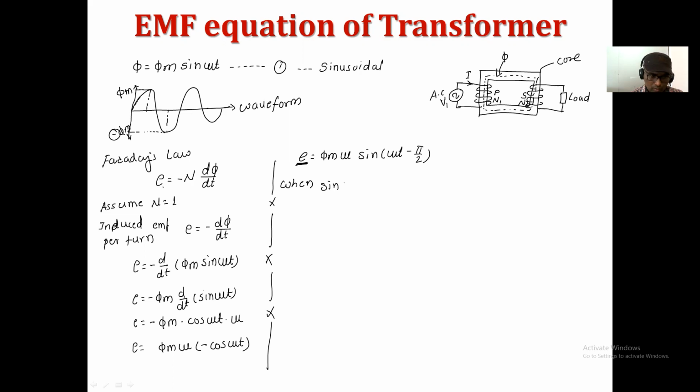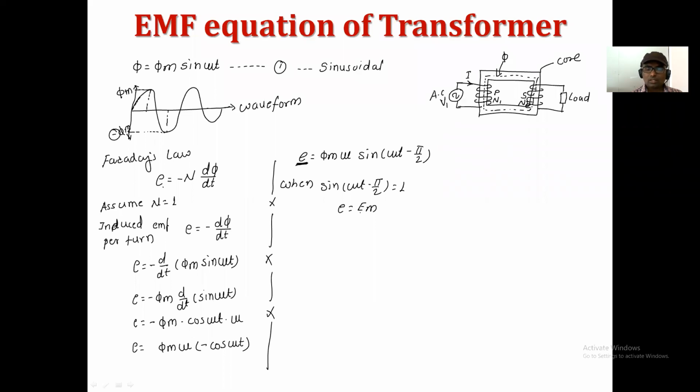When sin(omega t minus pi by 2) becomes 1, at that time this small e has its maximum value, and that maximum value is represented with a capital E to the base m.